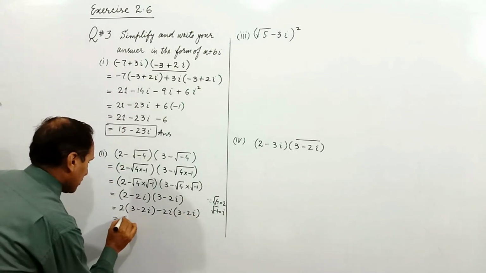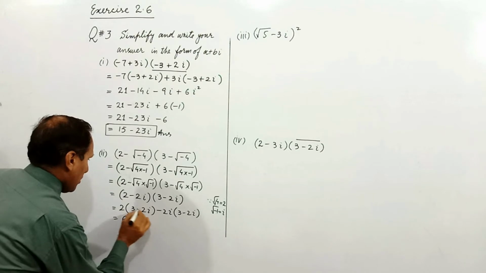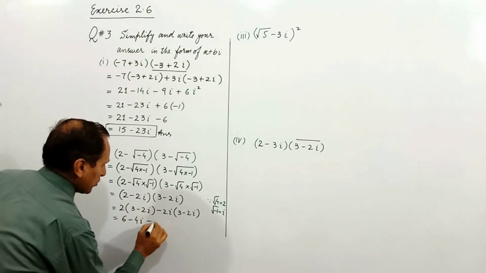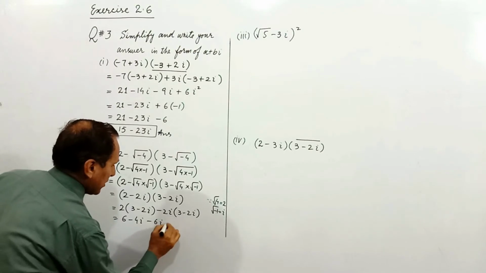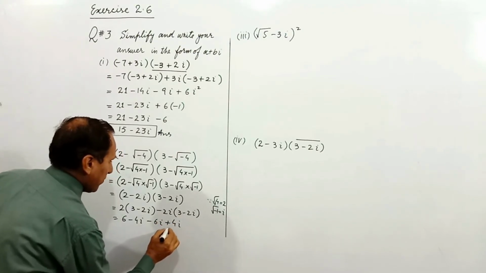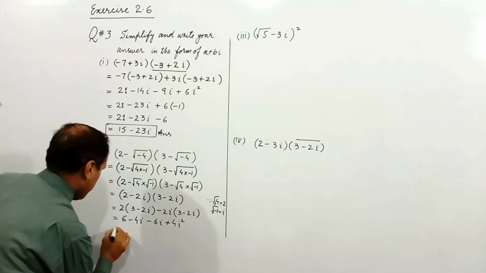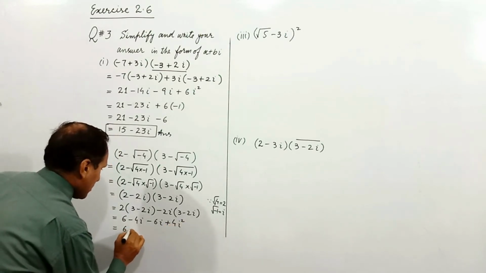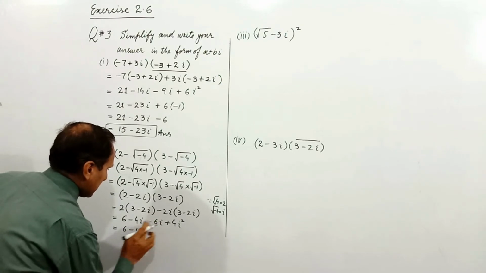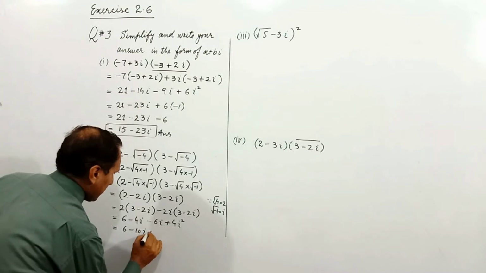2 3s are 6, plus minus 2 times 2 is minus 4 iota, minus 2 iota times 3 is minus 6 iota, minus times minus is plus, 2 times 2 is 4 iota square. 6 minus 10 iota, as the signs are the same, the coefficients are added: 6 plus 4 is 10.